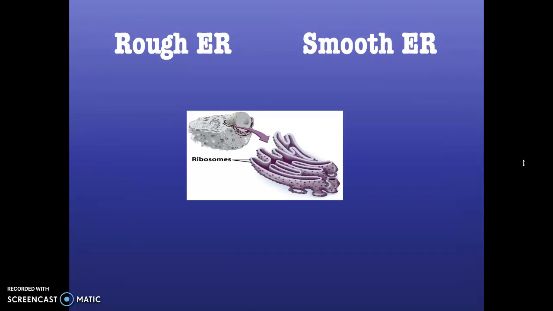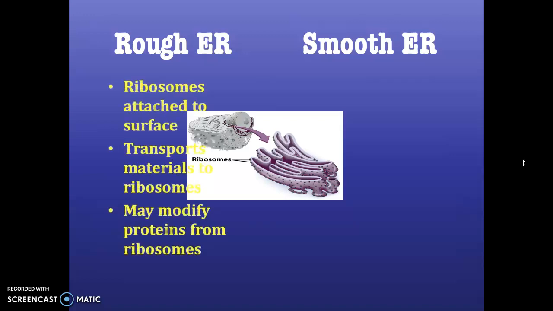Next, something I should tell you is that there are two forms of ER. This was in the video that we watched the very first day on cell structure. Basically it depends: does it have ribosomes attached to the surface or not? If it has ribosomes attached to the surface, this is called rough ER because there are little bumps on the ER.